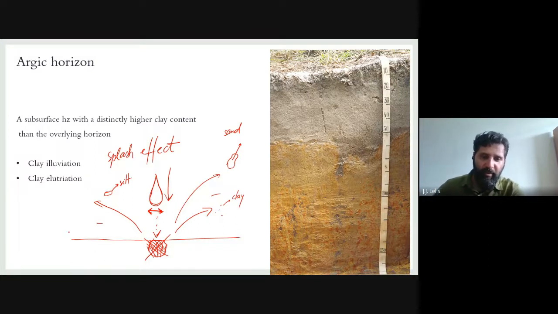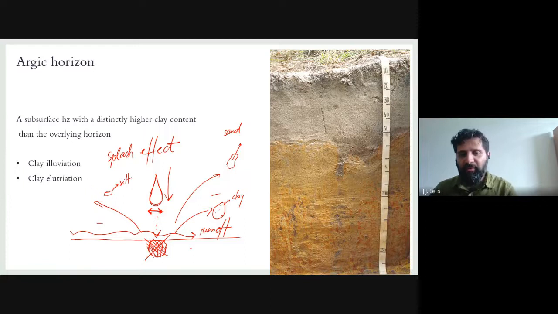And as we have the runoff, it could carry the clay away, and clay is always migrating by the effect of the runoff.